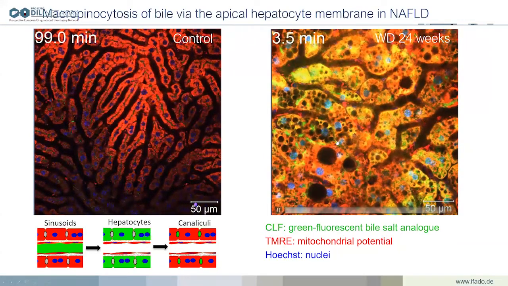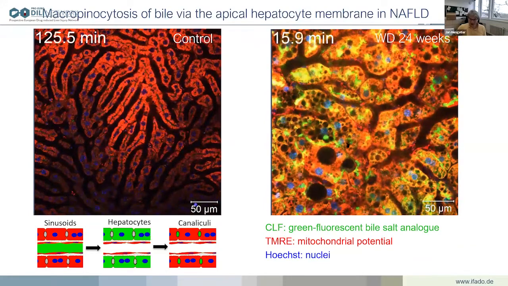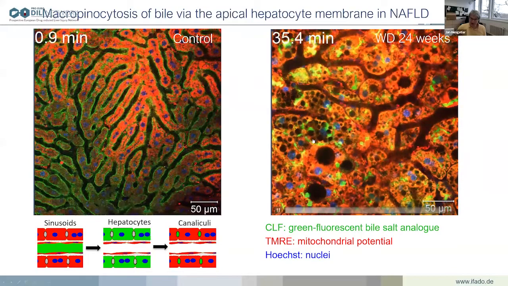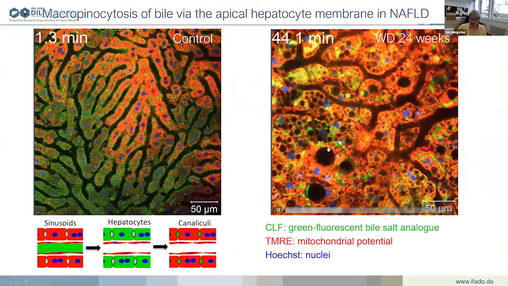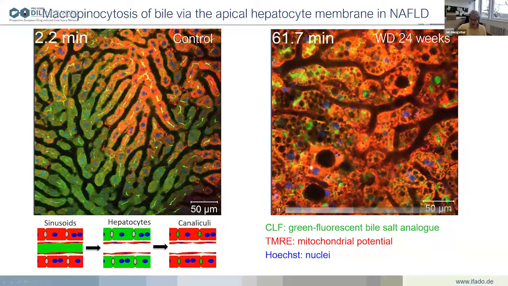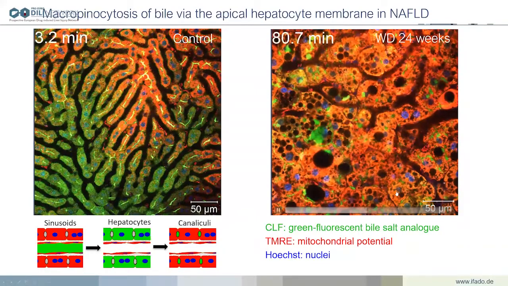And when the biocanaliculi are filled, you can observe something which is quite striking. There are these vesicles. Perhaps focus on this region here. The vesicle forming, it enters the cytoplasm and now travels around in the hepatocyte.